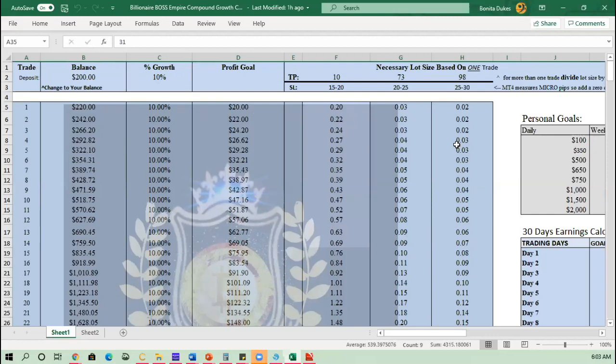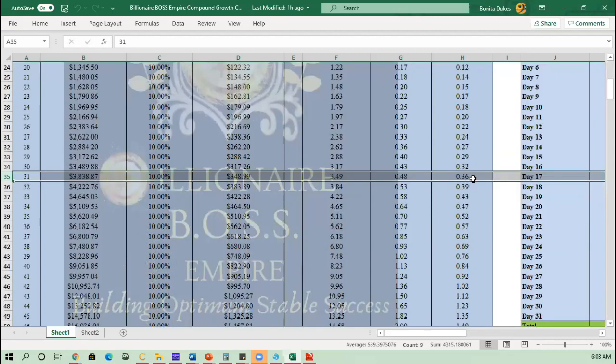So guys, this is where this chart comes into play, where you start looking at this information and see how important it is. Because if your account balance is $200 or $300 and you're using a lot size of 0.36, your account cannot sustain the amount that the pullback is going to provide.